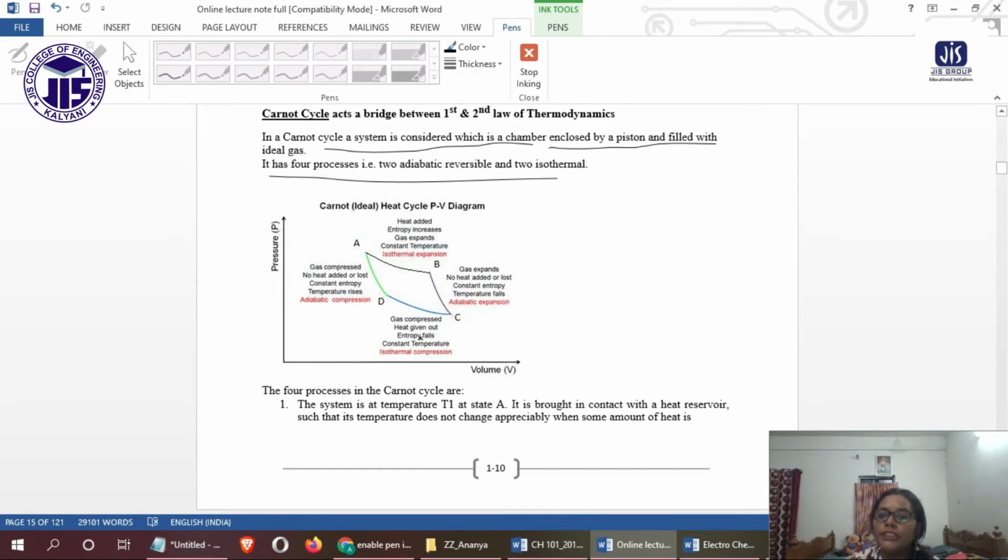From C to D, again the temperature will be constant, and from D to A, the gas is compressed, no heat is added or lost, entropy is constant, and the temperature rises. This is called adiabatic compression, okay. So this is all about the Carnot cycle.